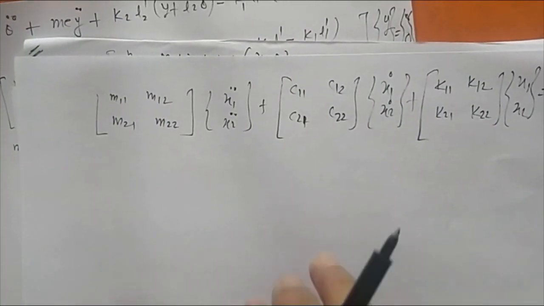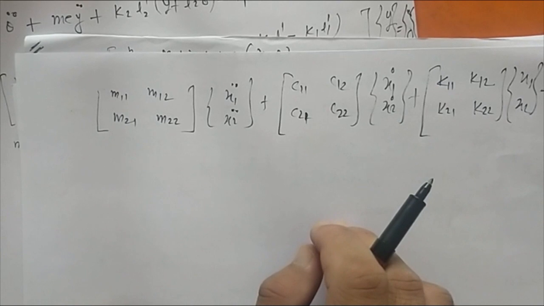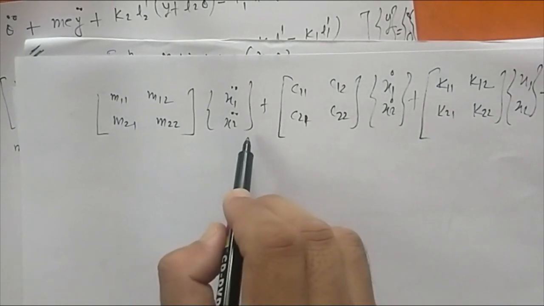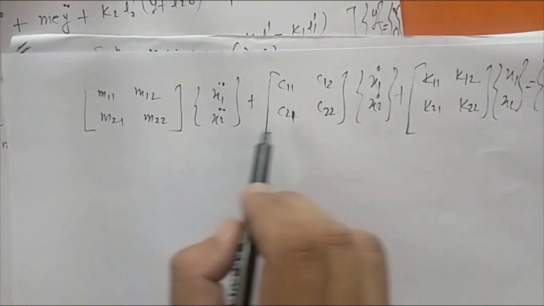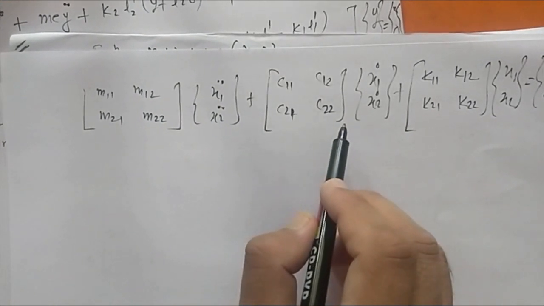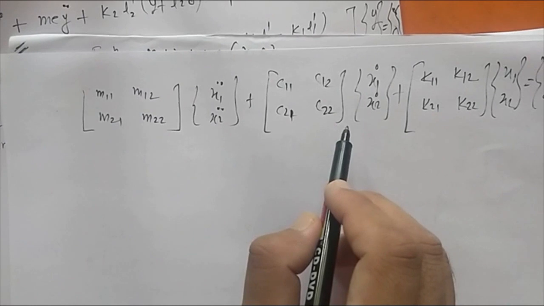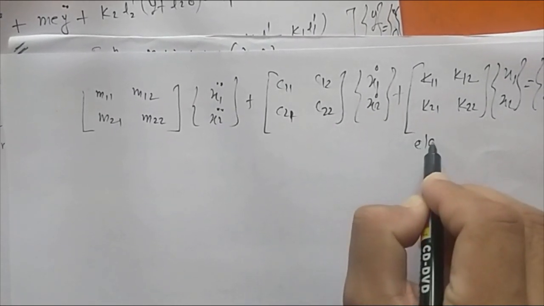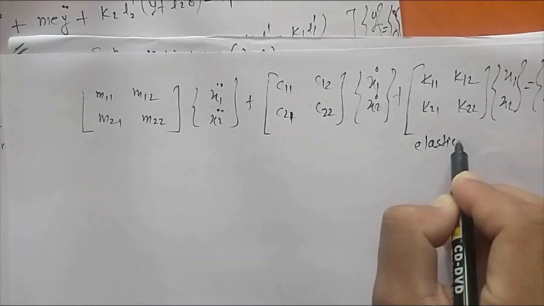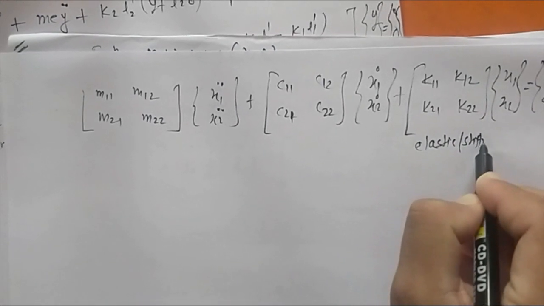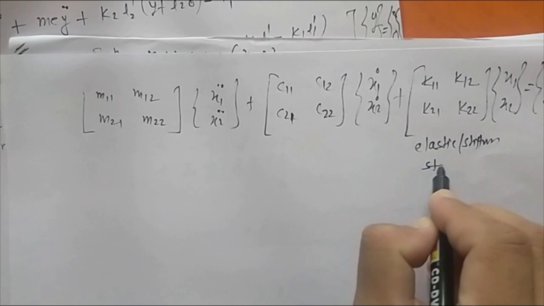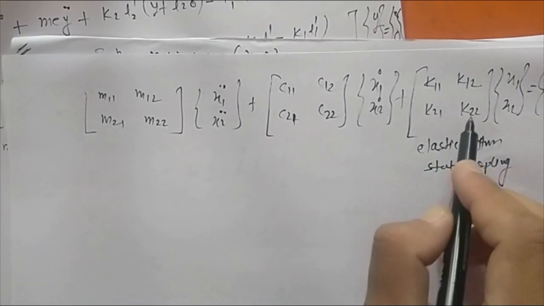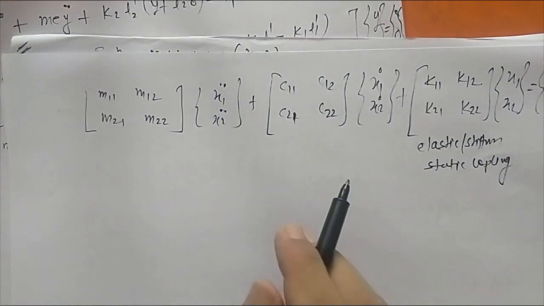So this equation reveals the type of coupling present in the system. If the stiffness matrix is non-diagonal, the system has elastic or static coupling. This is elastic, stiffness or static coupling if the system has a non-diagonal stiffness matrix.